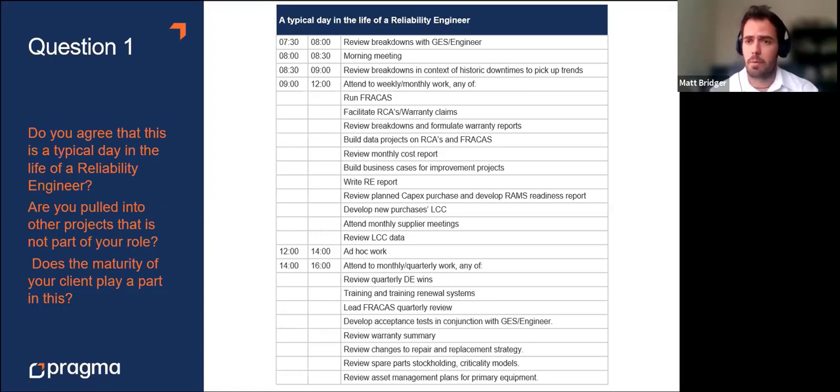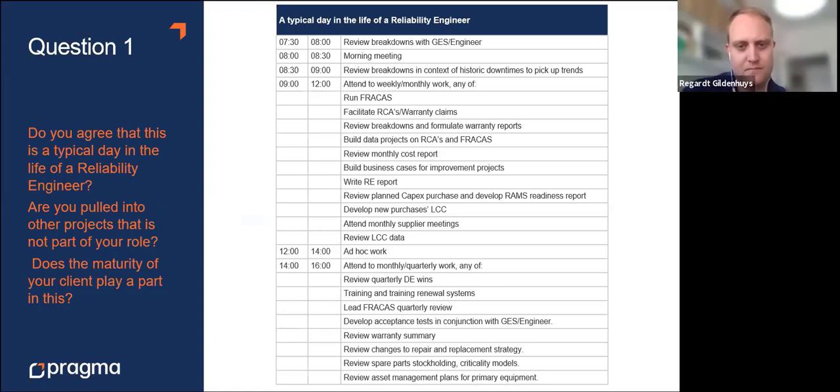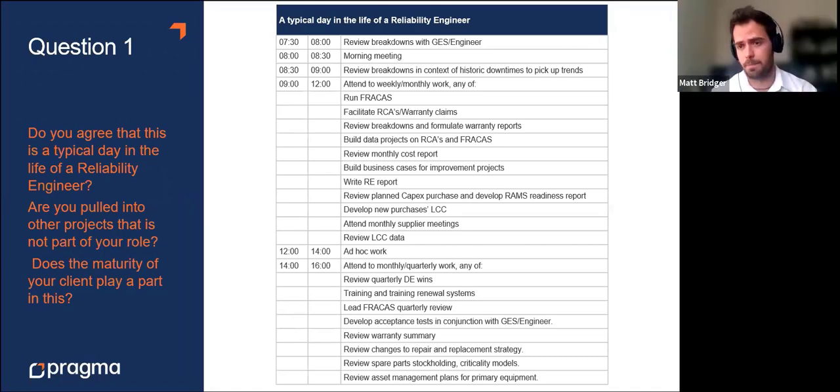To emphasize what everyone else has said, the maturity of the organization plays a massive part in what takes focus. In my case, until the maintenance management system reaches a steady state, only then can we place focus solely on reliability engineering. Yeah, Matt, that's very true.